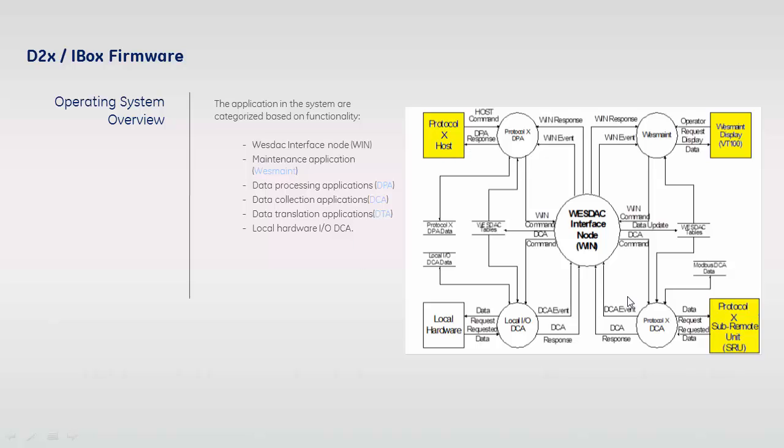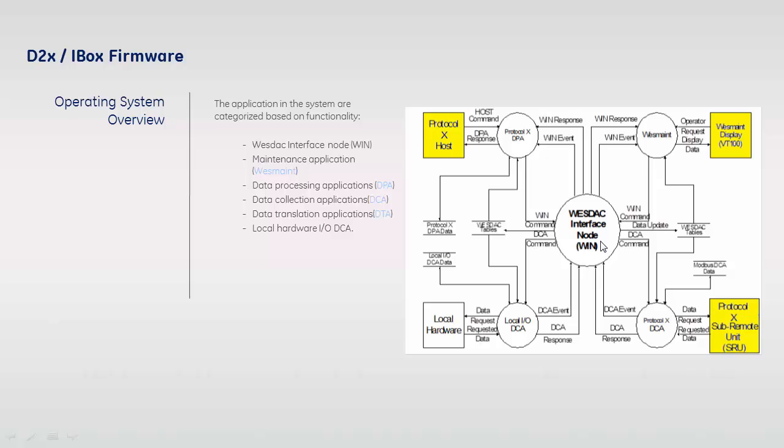So from an architecture point of view, I'm going to go slowly through this architecture diagram. At the heart of the system, we've got the WSDAC interface node, or WIN, which is application B008.